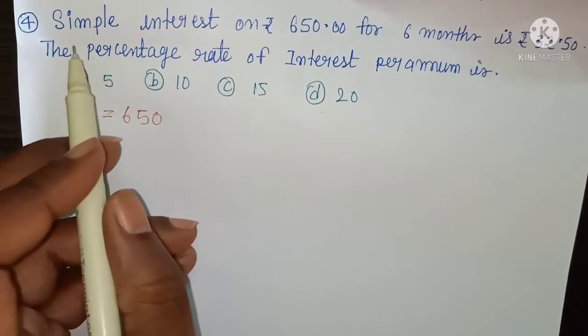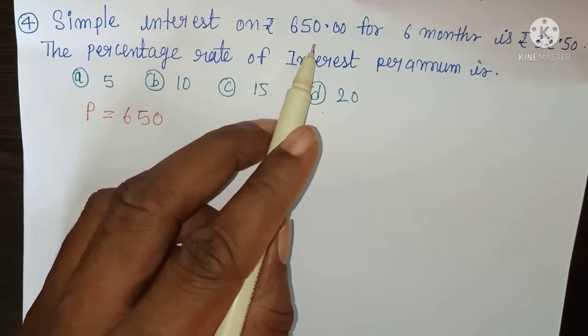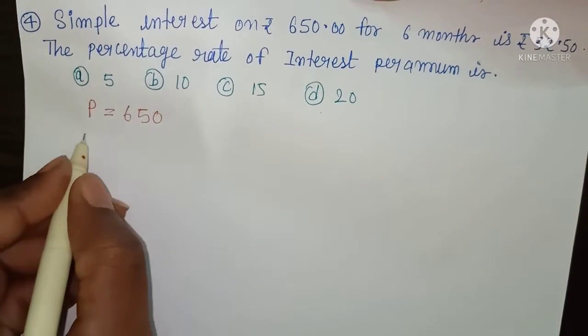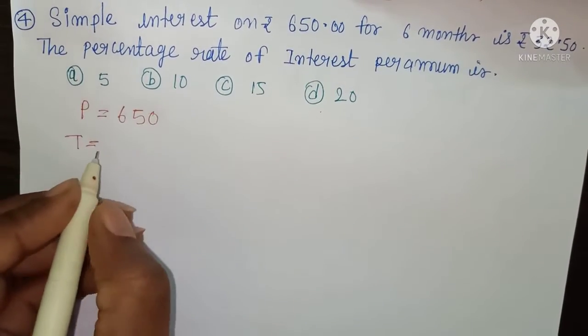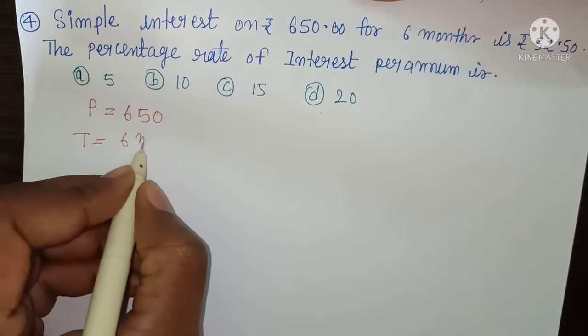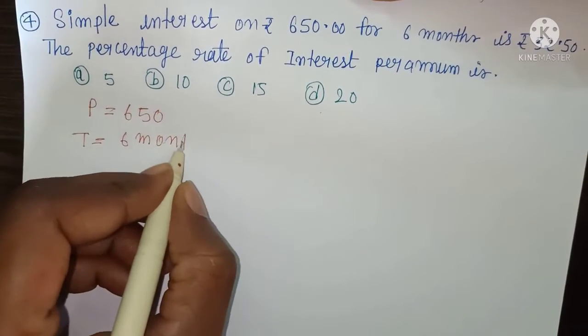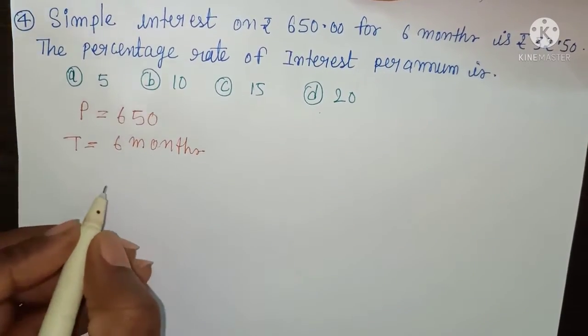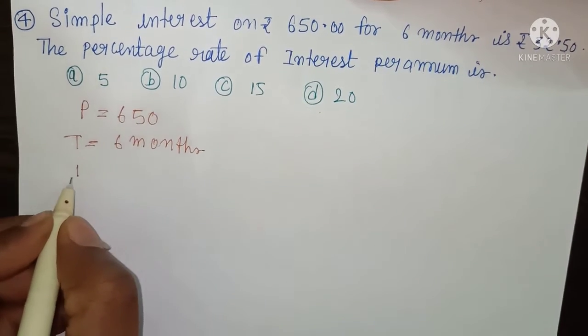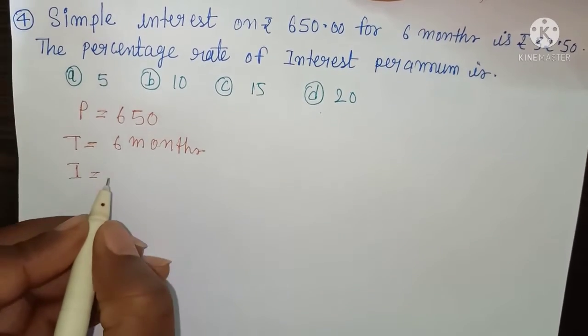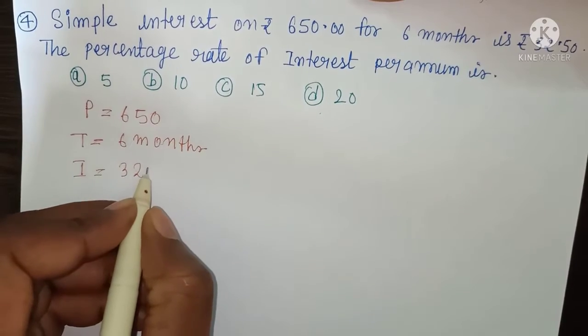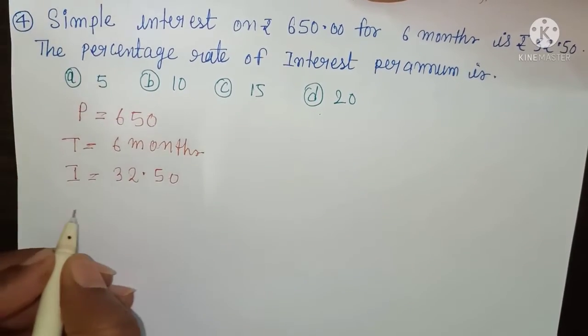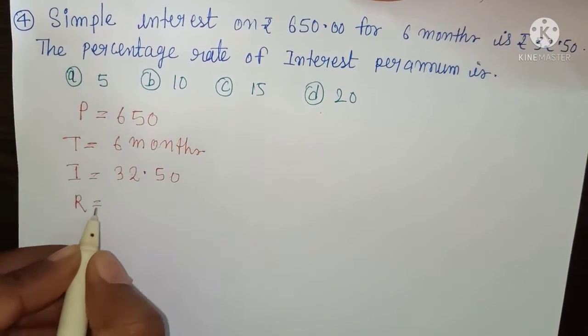Time is equal to 6 months, and the interest is also given: 32.50 rupees. We have to find the rate.